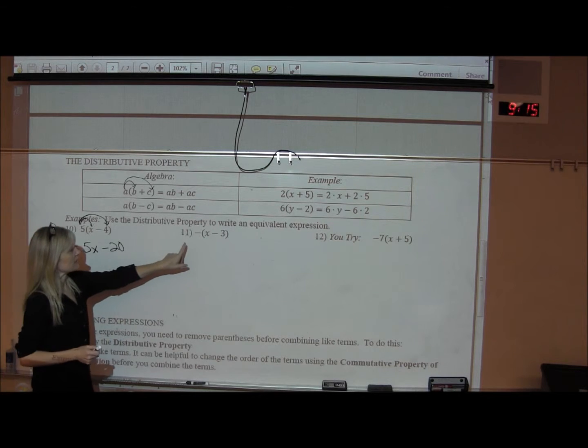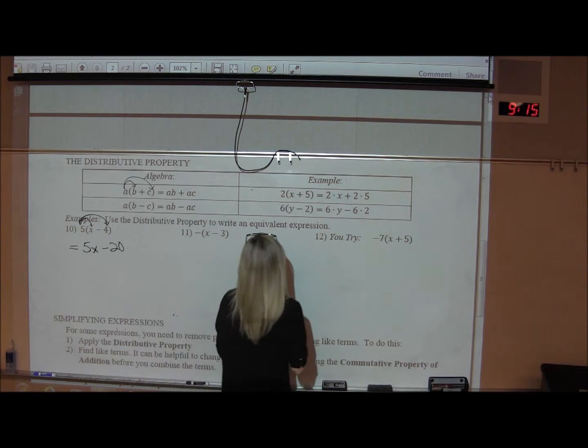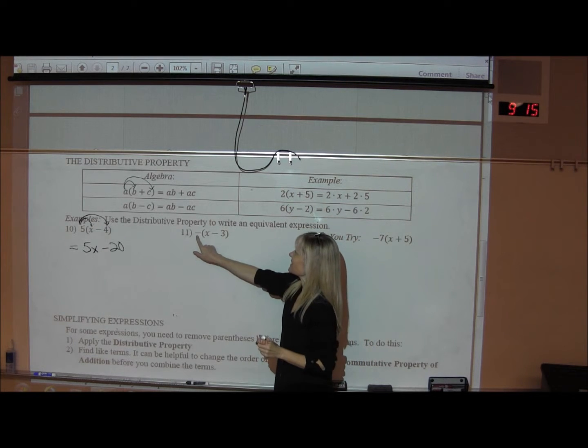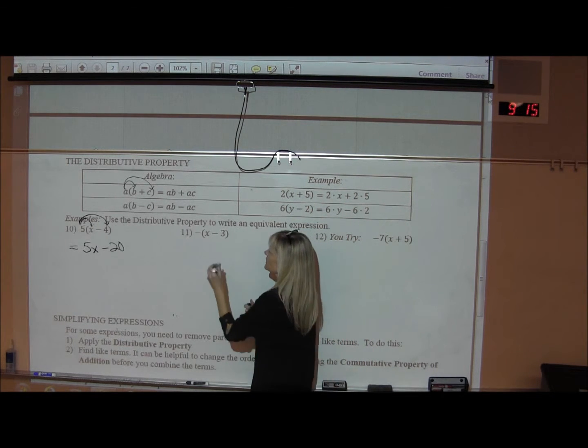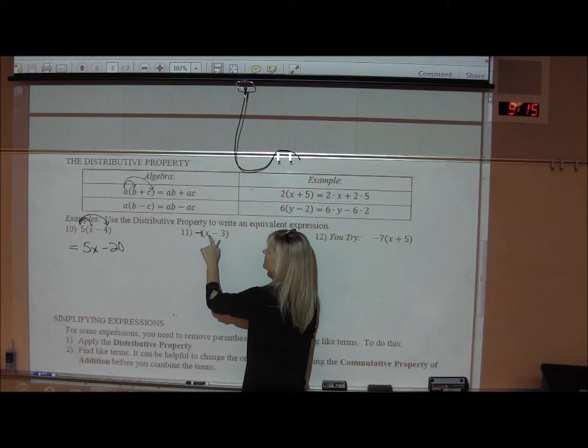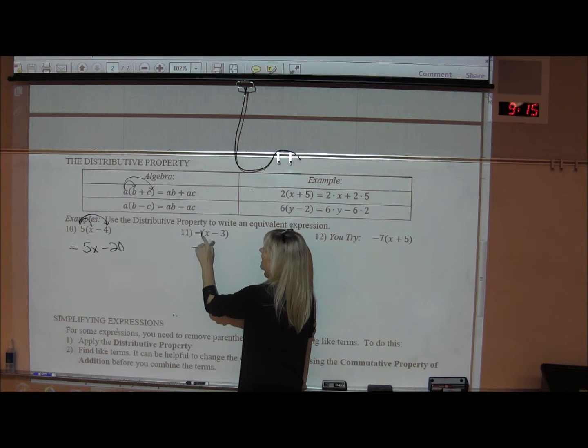Now this one's tricky, and this is where we see a common mistake also. You're distributing the negative. So you could think of this as a negative 1 out here, because that's really what it is. Okay, so it's negative x, and then the negative 1 times the negative 3 gives you a positive 3.